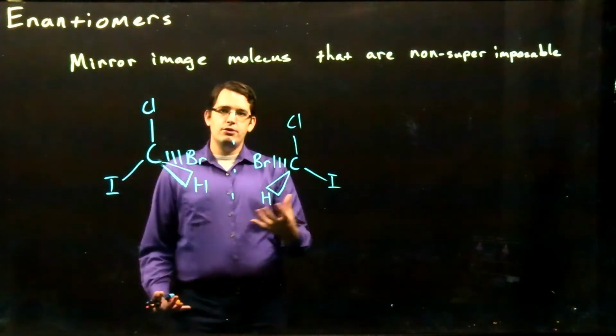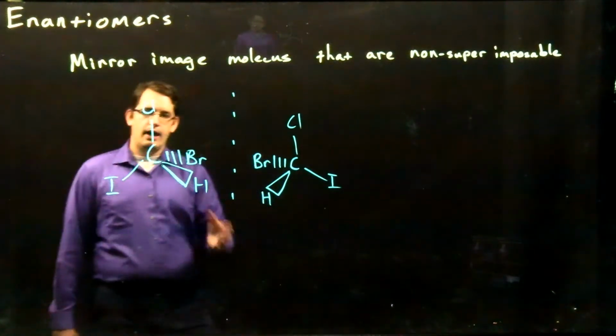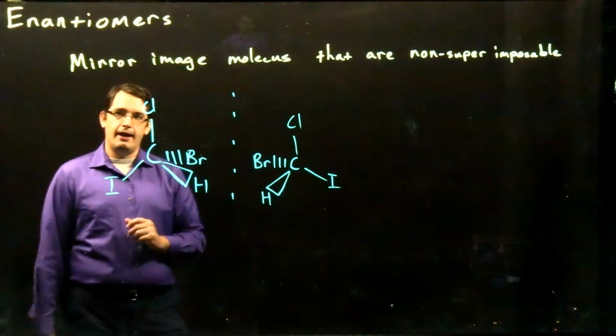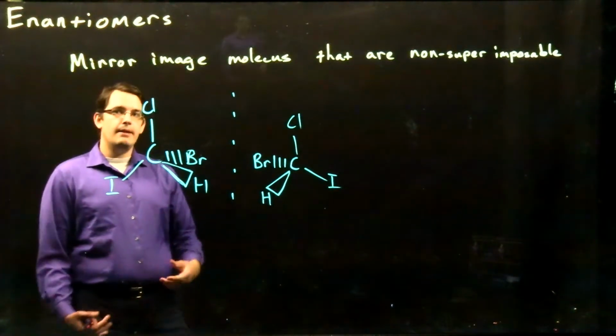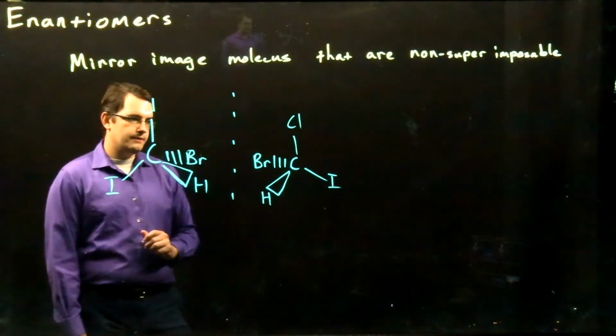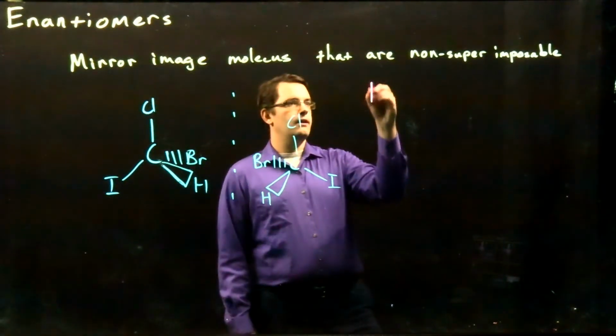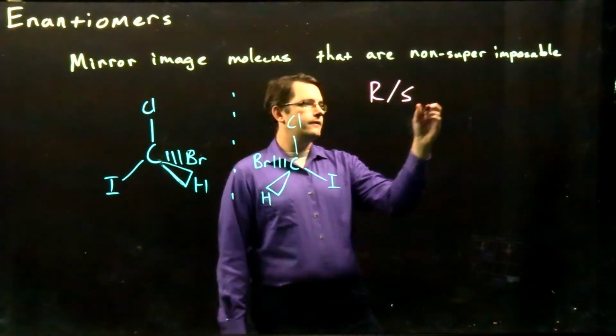Now, since I have these 2 unique structures, these mirror image structures, I also need a way to identify which enantiomer I have. So I'm going to need a new naming system in order to tell me what my enantiomer is. So what we're going to use for naming these is our RS notation.